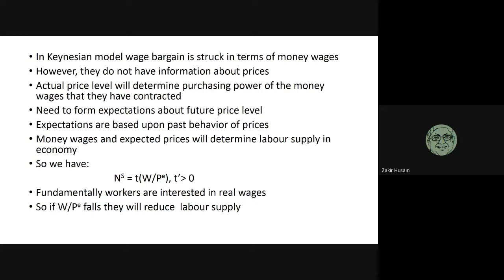So they know only W. They are interested in real wages, but if they don't know price, can they find out what real wages are? No. The answer is no. Unless they know the actual value of P, it's not possible for them to know the purchasing power of the money wages.